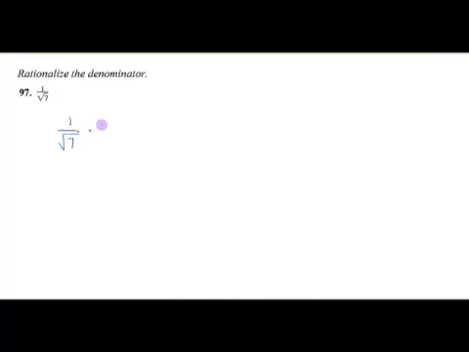If we multiply this by the square root of 7 over the square root of 7, that's perfectly legal because we're multiplying by another form of 1. When I do that, watch what happens. I get a 1 times the square root of 7 is the square root of 7, and the denominator is the square root of 7 squared. So I have the square root of 7 over 7, and I've taken the radical out of the denominator.